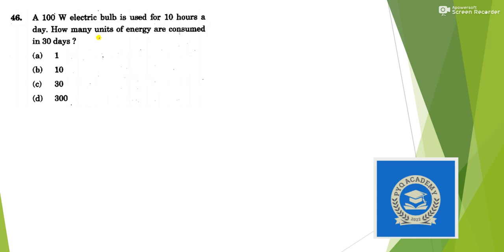A 100-watt electric bulb is used for 10 hours a day. How many units of energy are consumed in 30 days? Let's calculate for 1 day. In 1 day a 100-watt bulb is used for 10 hours, so in 1 day a total of 1000 watt hours is consumed.